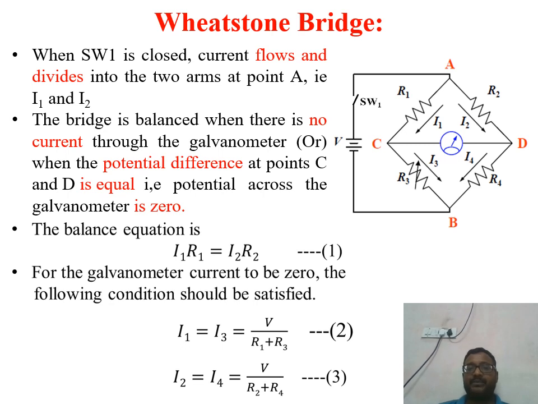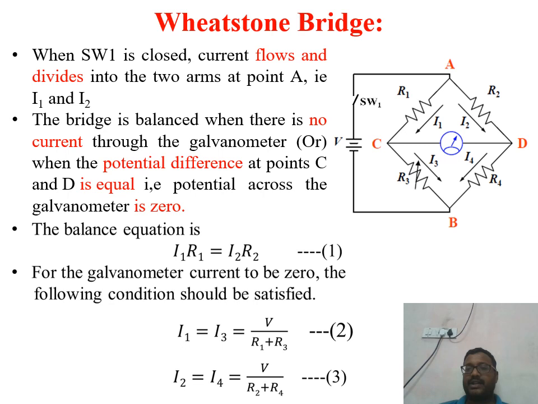Therefore, I1 into R1. And similarly, at the A terminal point and D terminal point, current I2 is passing and the resistance is R2. According to Ohm's law, V is equal to I into R, I2 into R2.